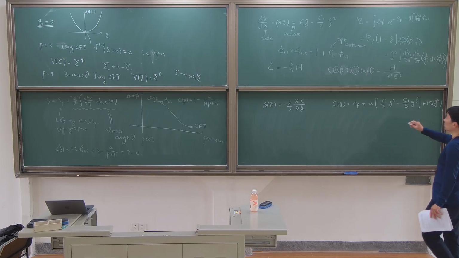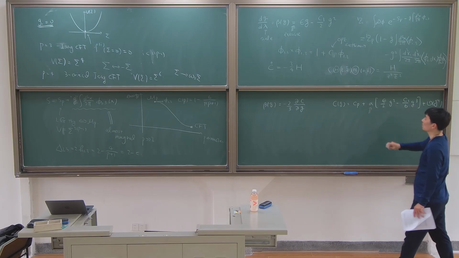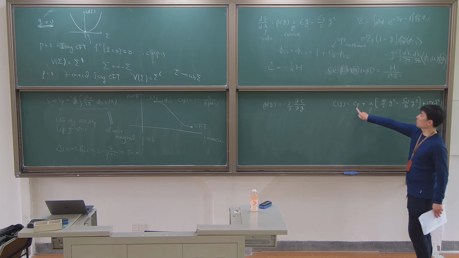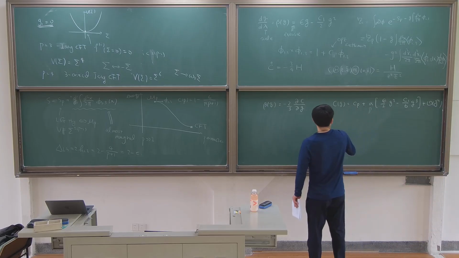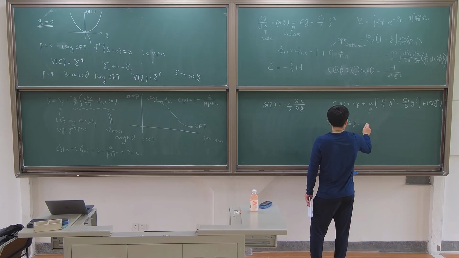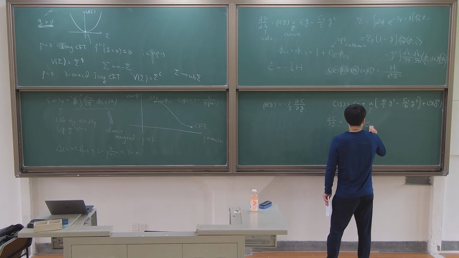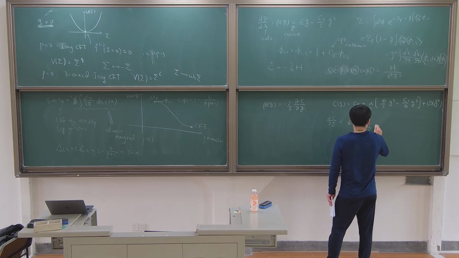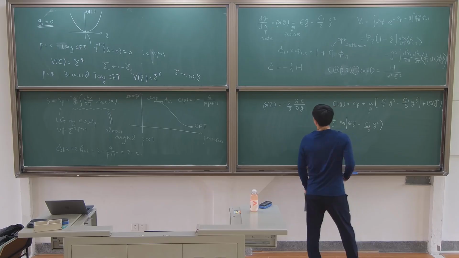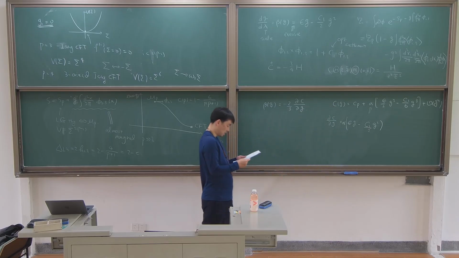This alpha is an unknown constant. If you take the derivative of C of g, what you get is epsilon g minus C_1 over 2 g squared, times alpha.